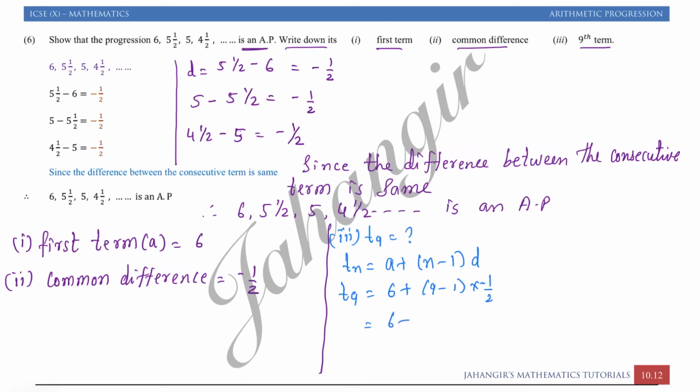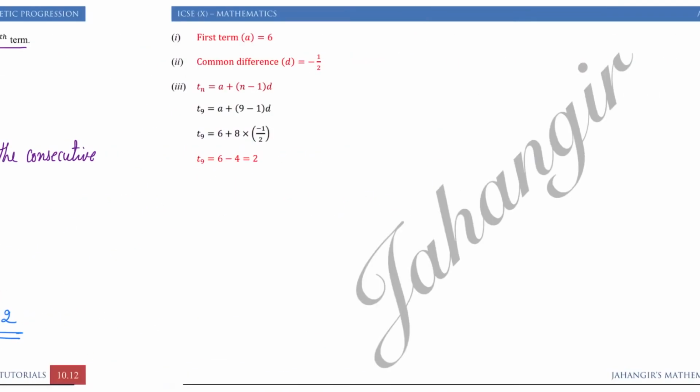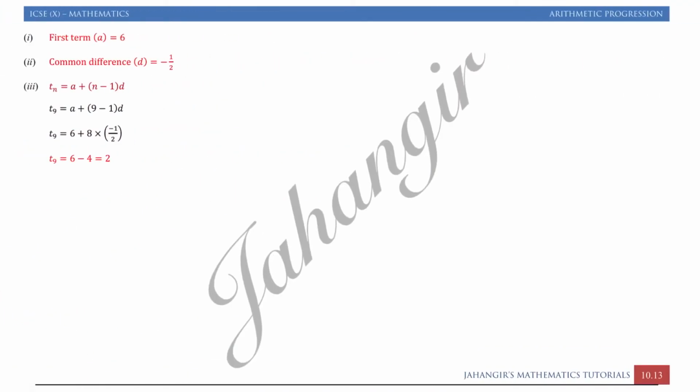So that is 6 plus 8 into minus half. 2 fours are 8, so that is 6 minus 4, which is 2. Hope you understood this. This type of question is quite easy. Just go through the proper steps which I have written.